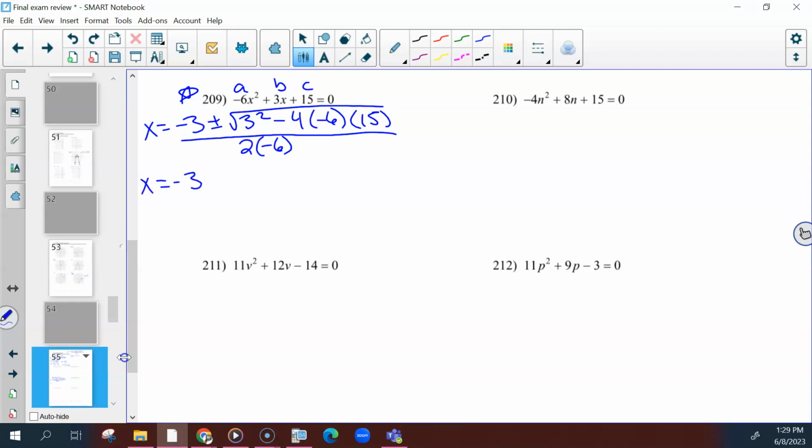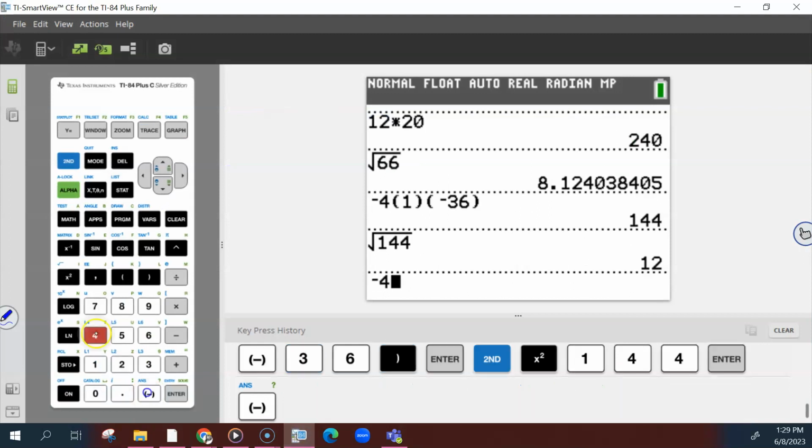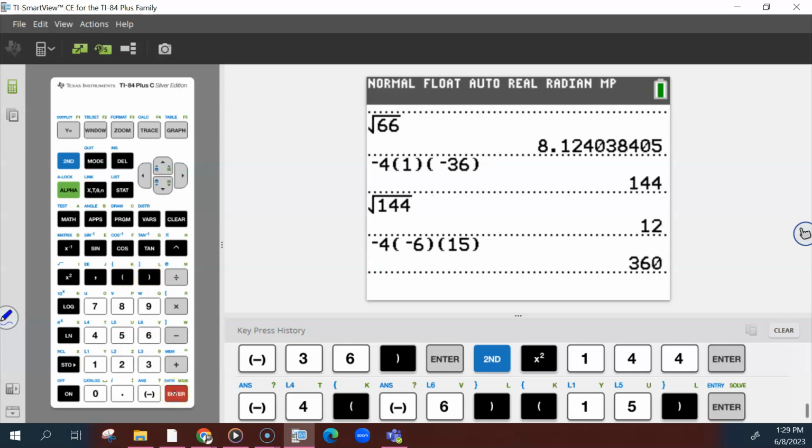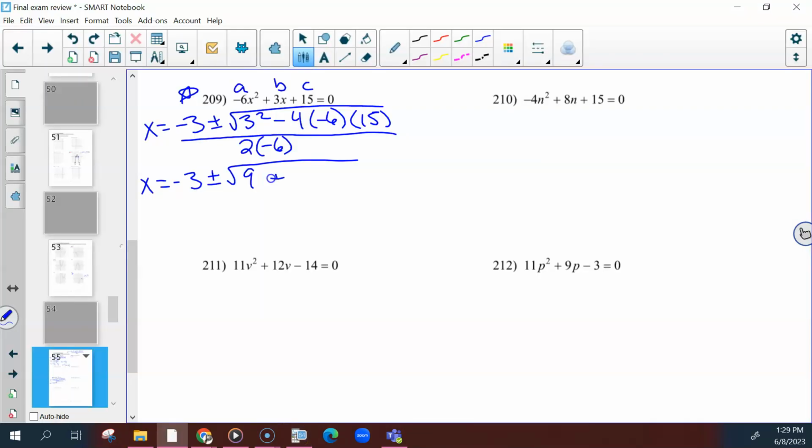So X equals negative 3 plus or minus the square root of 9, and I'm going to multiply those together. So 360. Then I can add what's underneath the radical, the square root, together, and see if 369 is a perfect square.